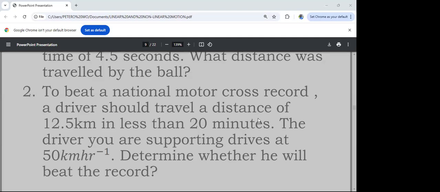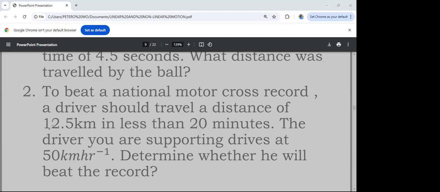You're going to multiply the 0.25 hours times 60. And we get 15 minutes.